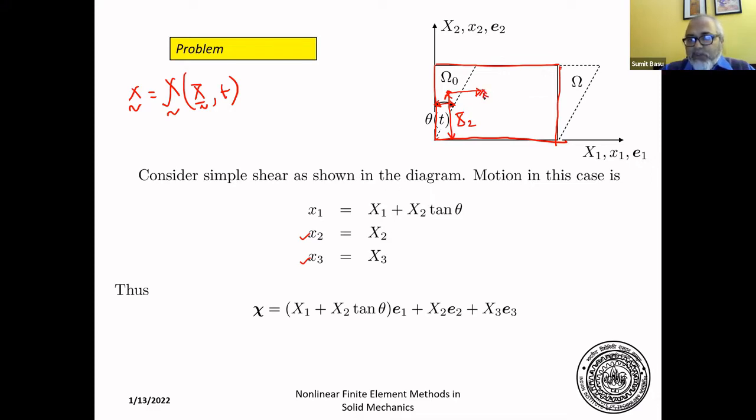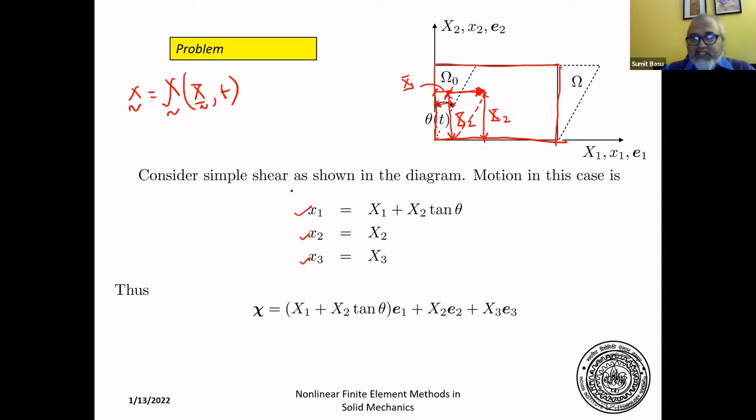This capital X2 remains the same, but then the position of the point changes by this angle theta. So capital X2 tan theta gives you this distance. So small x1 will be given by capital X1 plus capital X2 tan theta, where x1 is this distance.